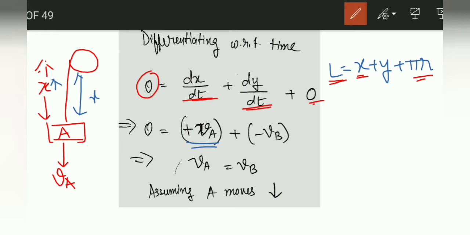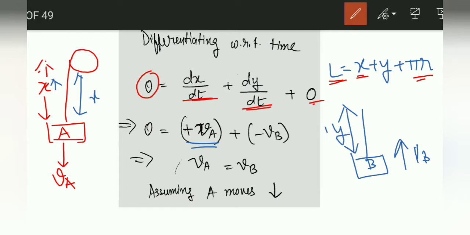Now what is happening on the other end? This is B, going upward with a velocity vB, and this is y. Now y is decreasing, so dy by dt will be negative, so dy by dt will be minus vB.